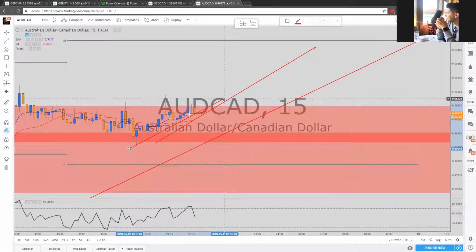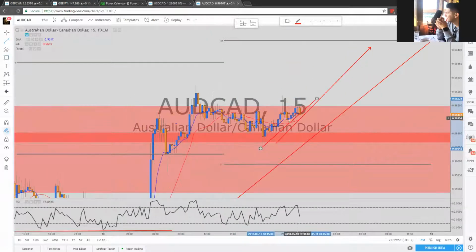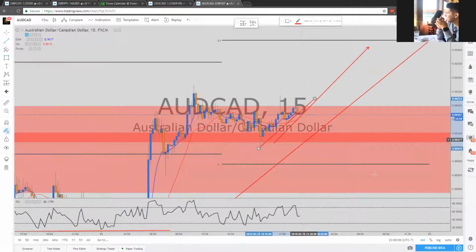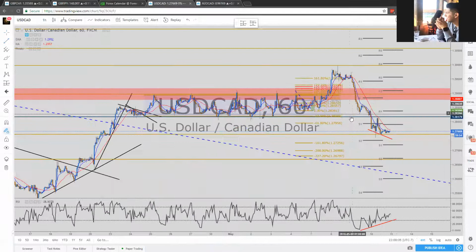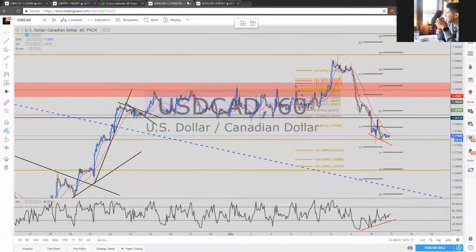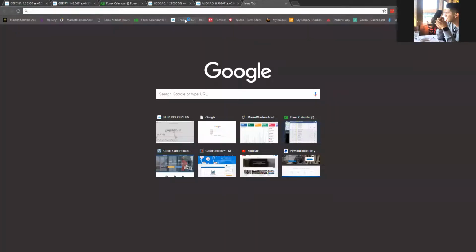So overall, it's going up right now, and it's around this zone. So I'm probably going to be calling a buy on all of these. So let's go on to the next. So AUD CAD, and we have Euro CAD.